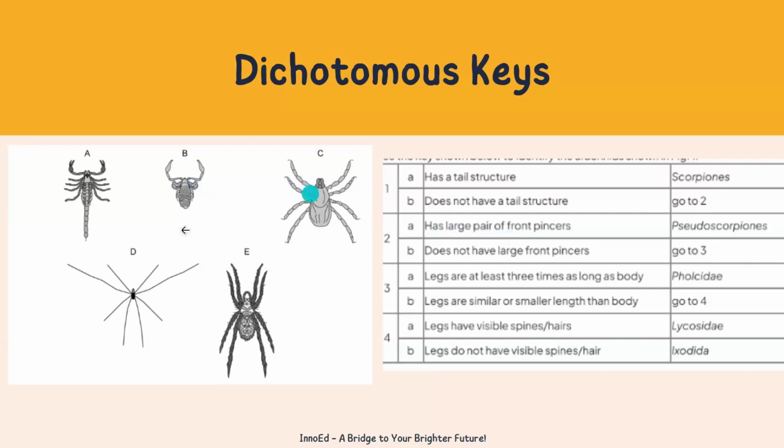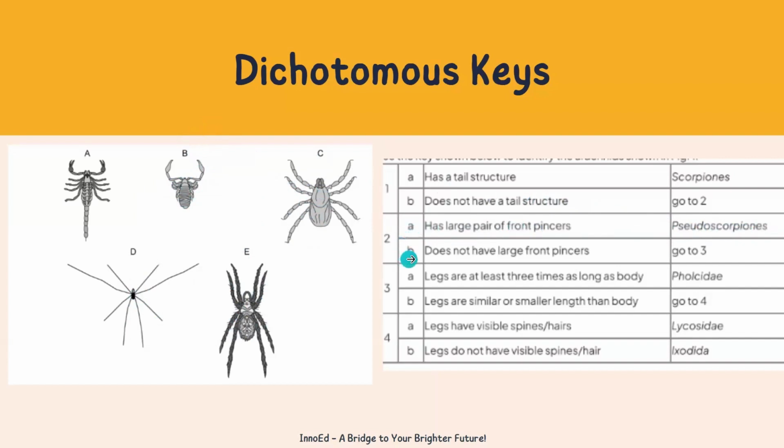So looking at the 4 pictures that we carry down to number 2, of all those 4 pictures, only the B has large front pincers. So B belongs to this. So write the letter B beside this name.